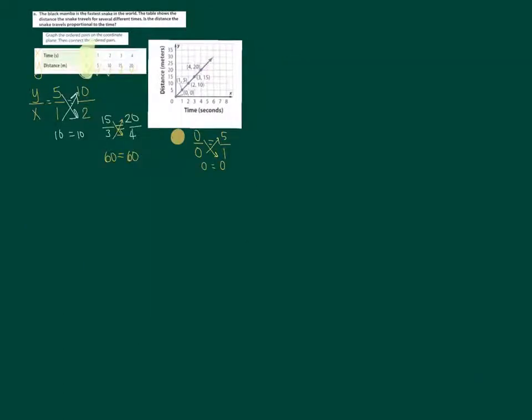So now that I've identified that the table is proportional, that also means that my graph is proportional. A few things have to be true in order for my graph to be considered proportional. One of those things is that I have to have a linear relationship. So my line has to be linear, which the simplest way to describe is that it has a constant rate of change, or it's a straight line.